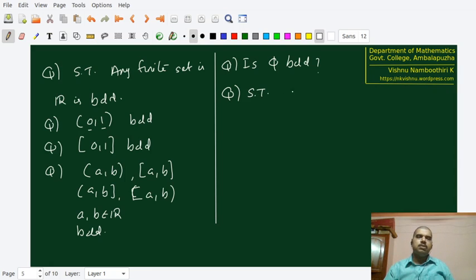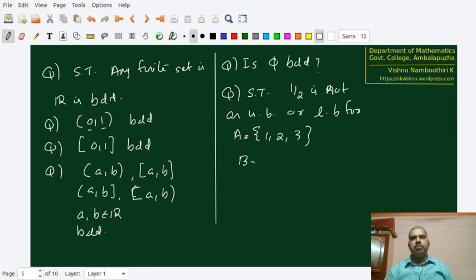Now, one more exercise in this connection. Show that 1/2 is not an upper bound or lower bound for A equal to, now we will take a finite set, {1, 2, 3}, and B equal to, we'll take an interval (0, 1).